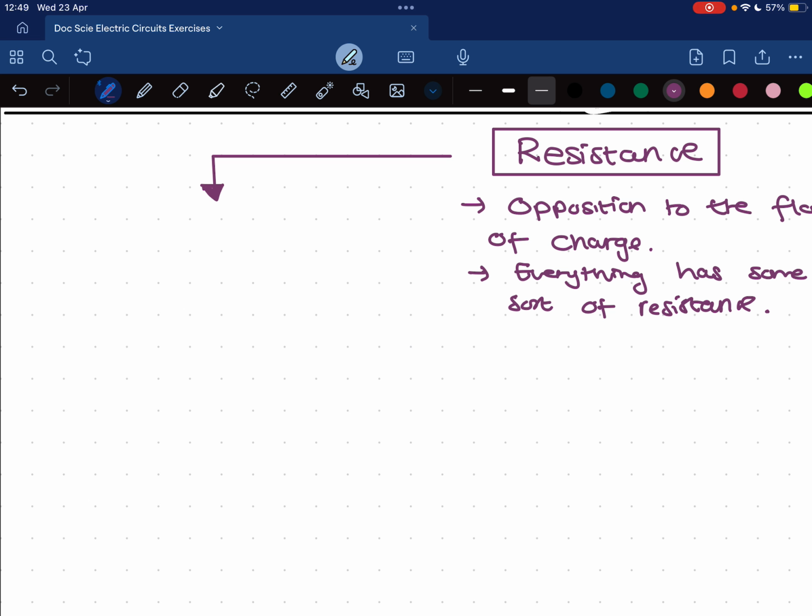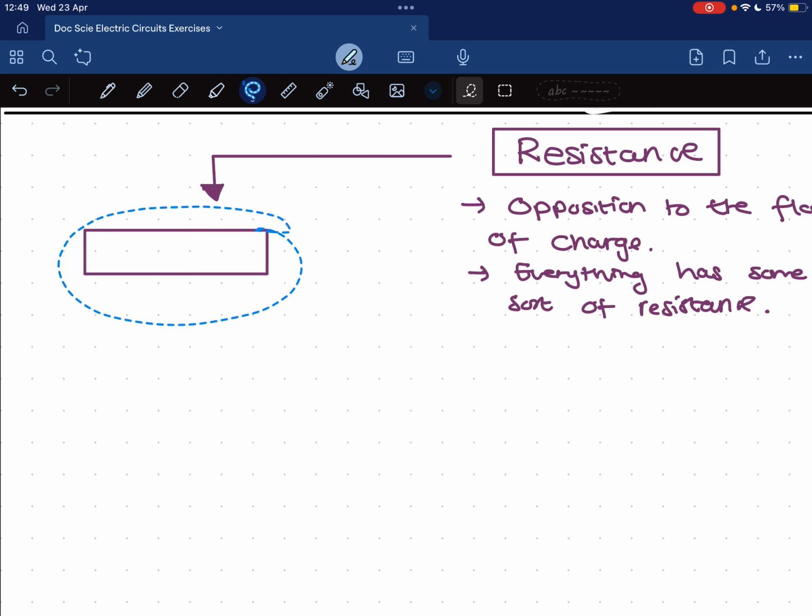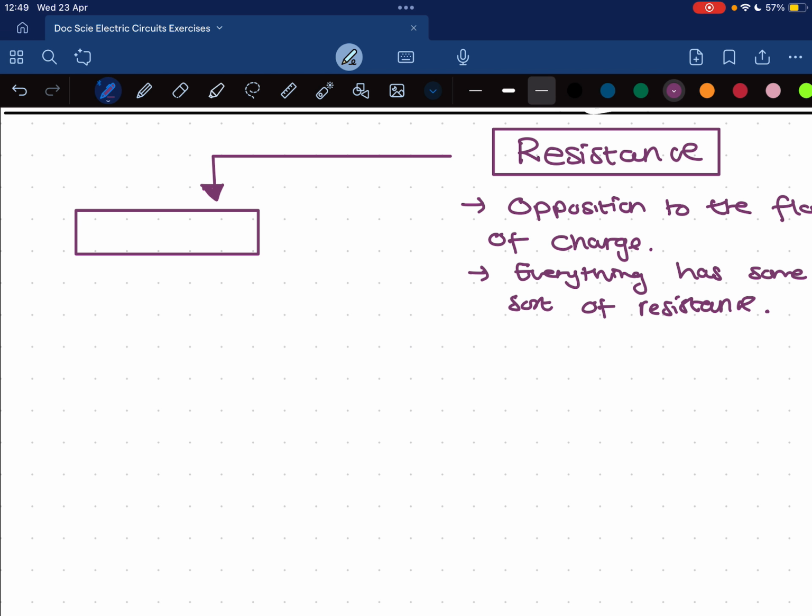Okay, so the reason why there is this resistance is because if we again consider a conductor, a conductor is allowing for this movement of charge, but these charged particles are going to collide with one another. Okay, they don't move perfectly in these neat little rows.